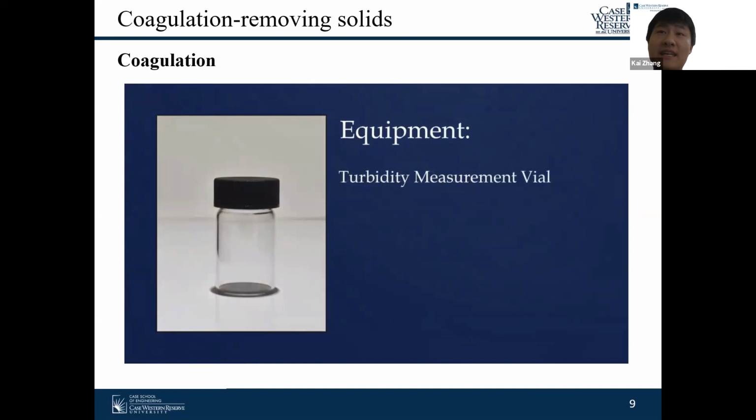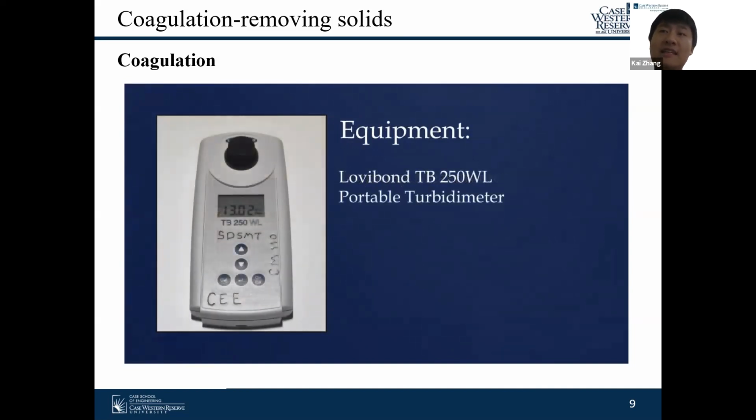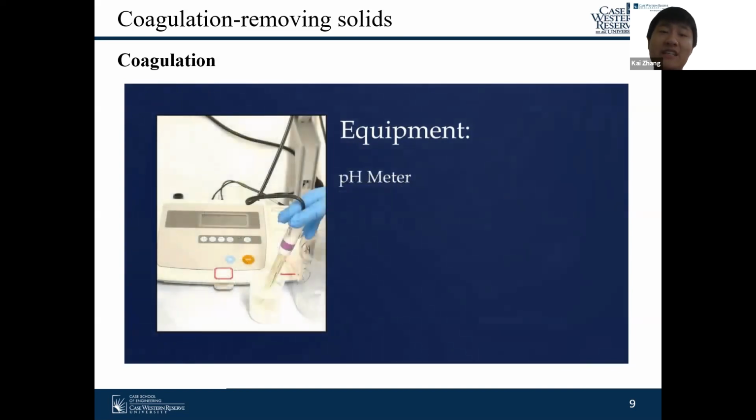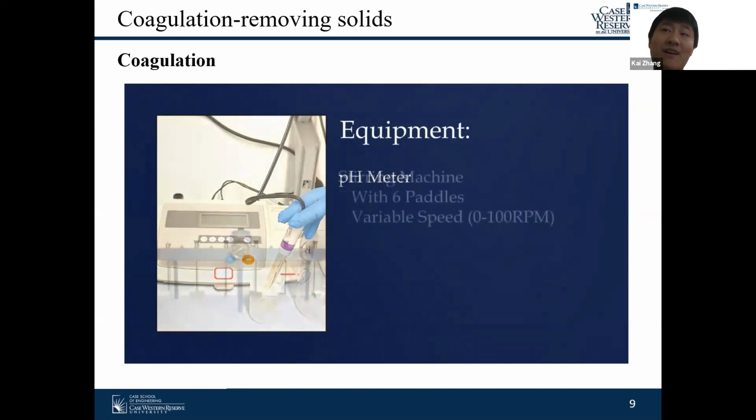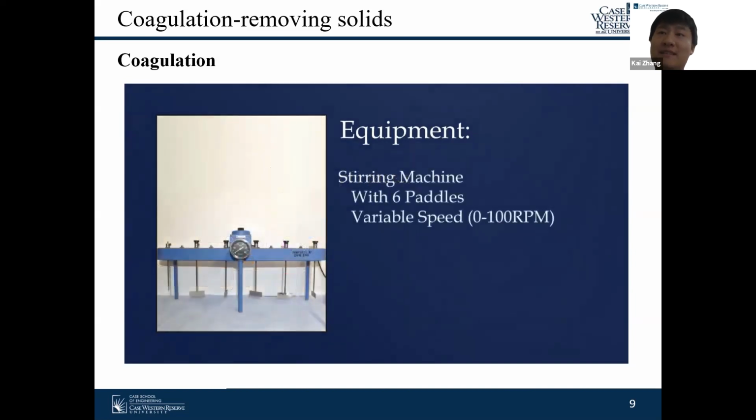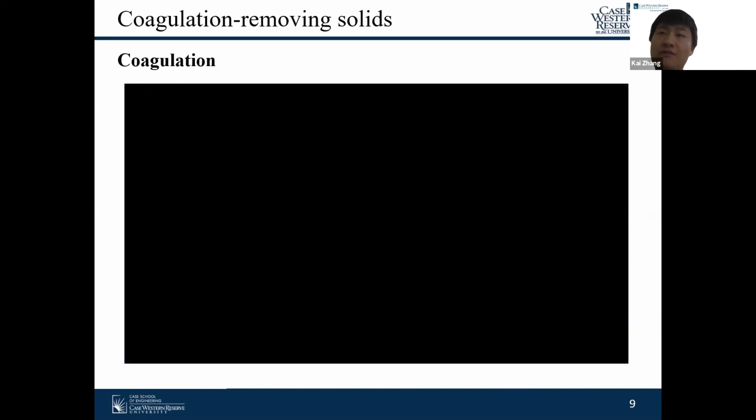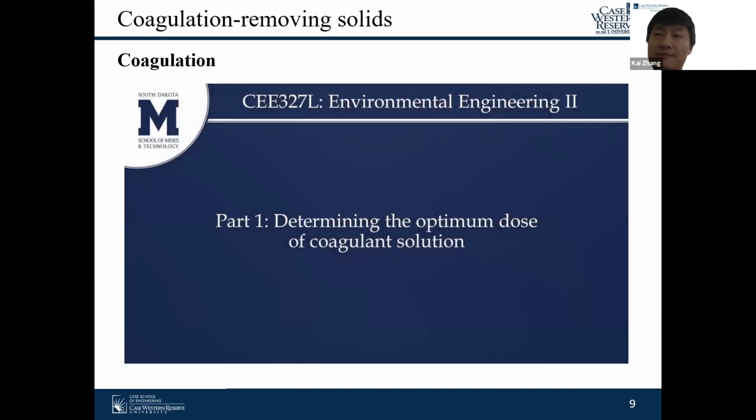We used that in the two methods to remove color, right? And we have an instrument to measure whether we indeed remove those solids, and the stirring machine, which has 6 paddles.